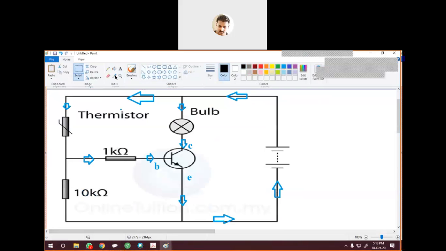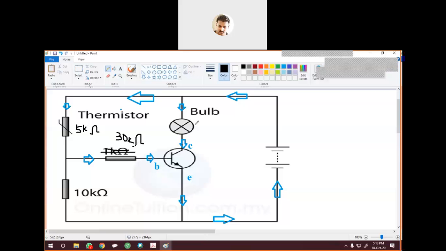We're not going to use the 1 kilo ohm; the 1 kilo ohm we cancel. So here is 10 kilo ohm, here 5 kilo ohm, and let's say here is 30 kilo ohm. Will the current flow or not? Will the bulb switch on?